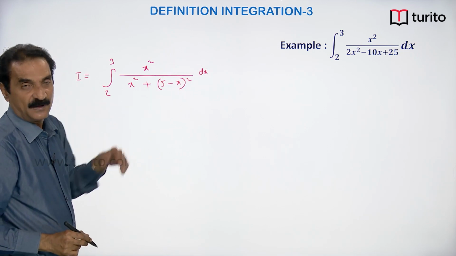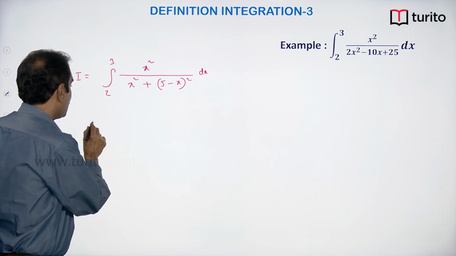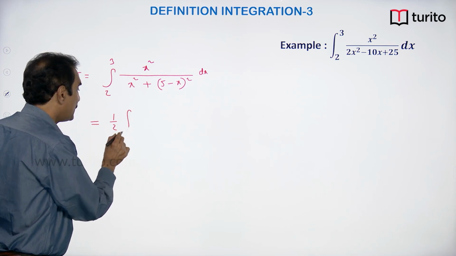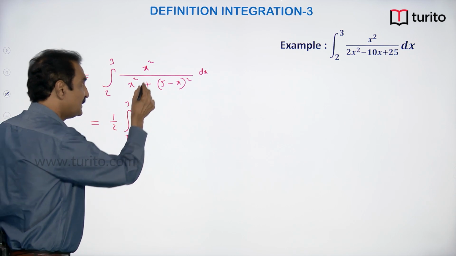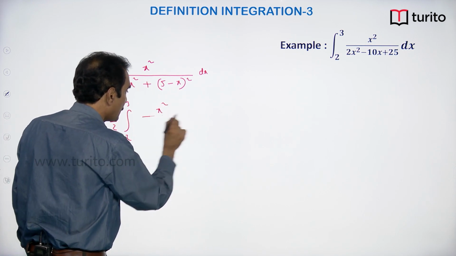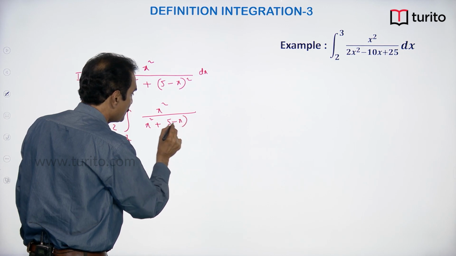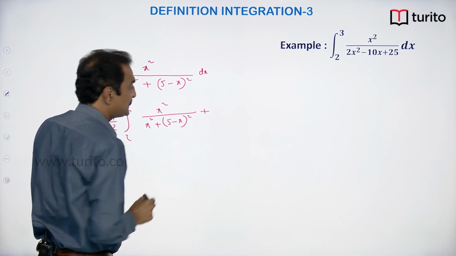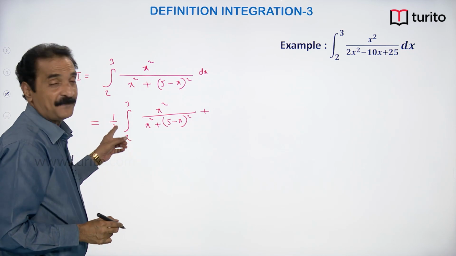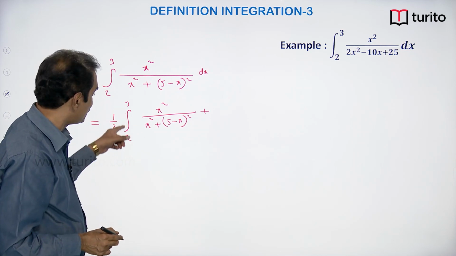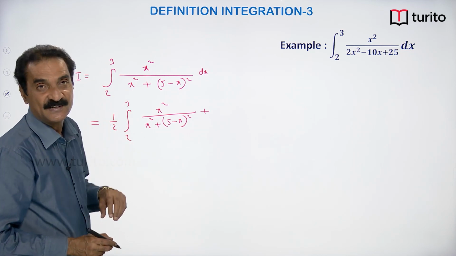According to the formula, we can write it as half integral 2 to 3, this same f of x plus what? F of a plus b minus x. A plus b minus x is 2 plus 3 minus x, 5 minus x.